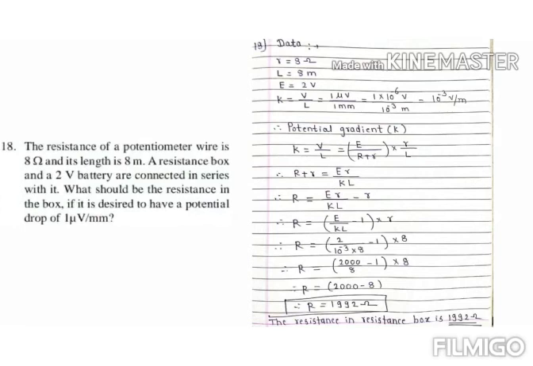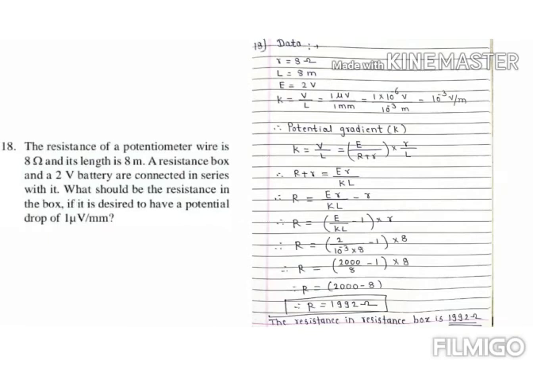Now, the data is small r is equal to 8 ohm, capital L is equal to 8 meter, E is equal to 2 volt, and the potential gradient K is equal to V upon L, but V is given in microvolt, so we have to convert 1 microvolt into volt.